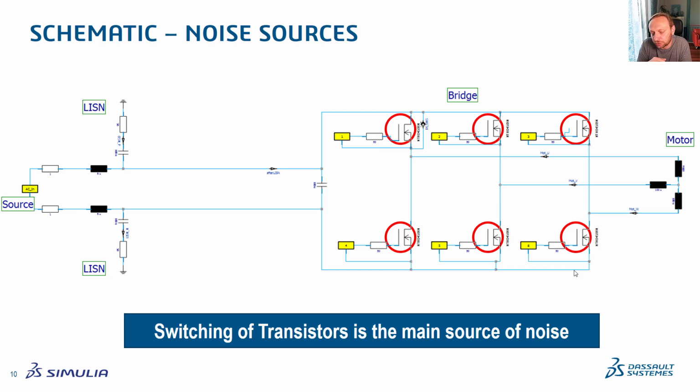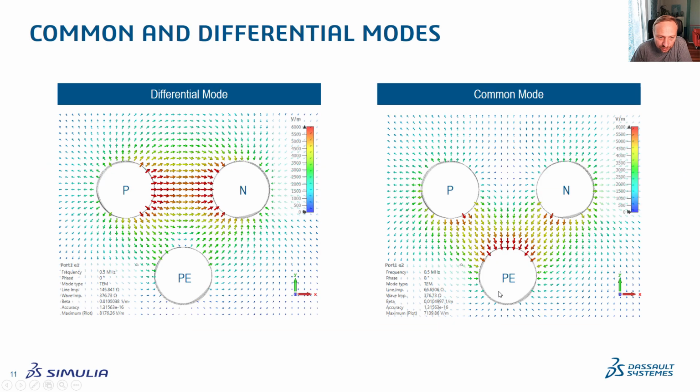But in the end, we all know that when we think about electric vehicles, efficiency will always win. That's why it is the task of the EMC engineers to control the emission even for very high switching frequencies, and that's our job. So we know now the switching of the transistors is the main source.